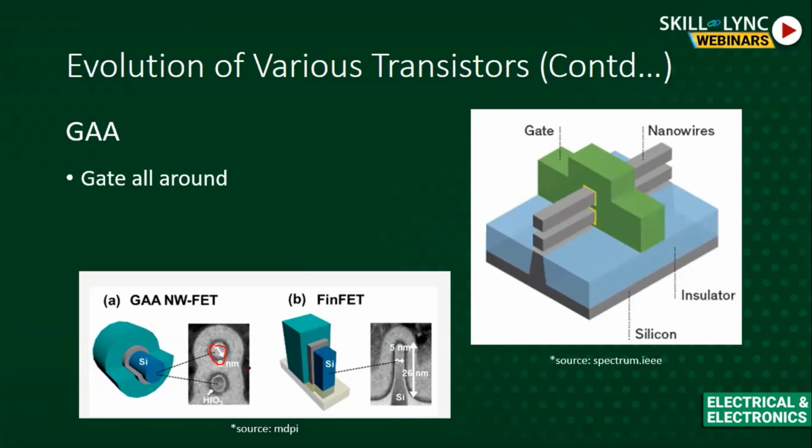That means fabrication cost will increase, and everything will increase. What I'm trying to say is we can come up with various things, we might start thinking of various other ways to fabricate the transistor, but what is feasible and actually possible to fabricate will be different.